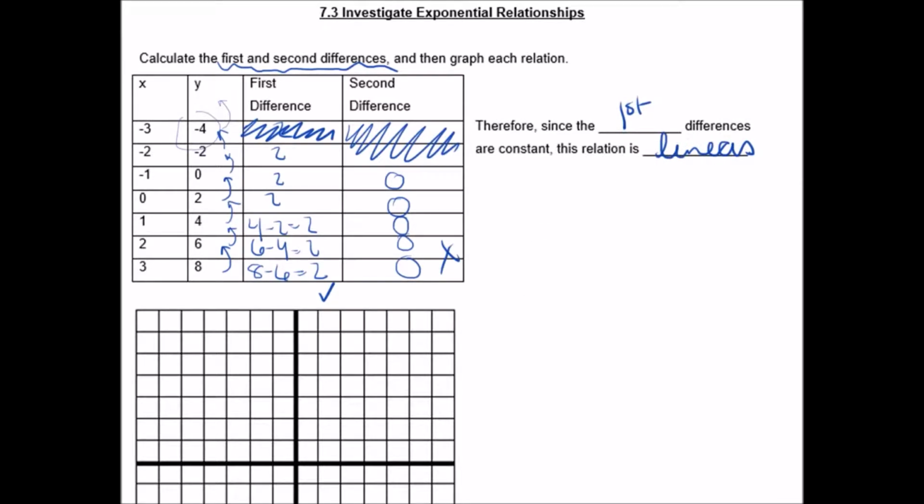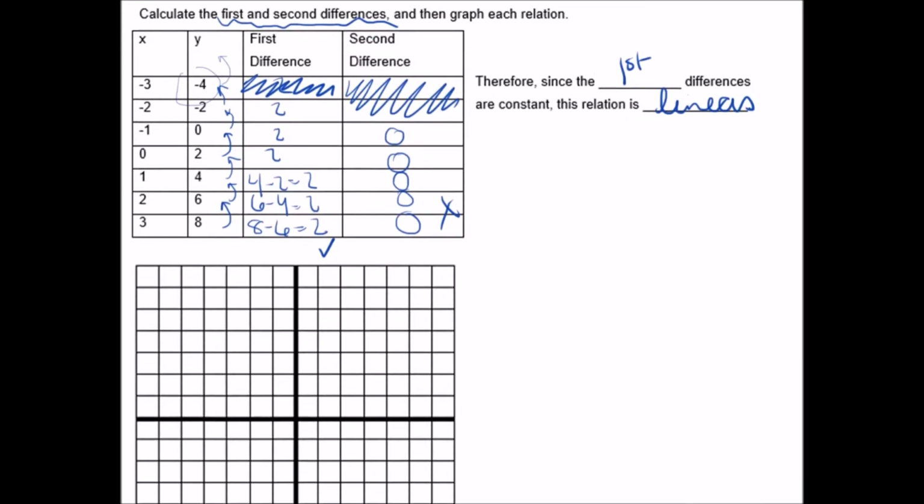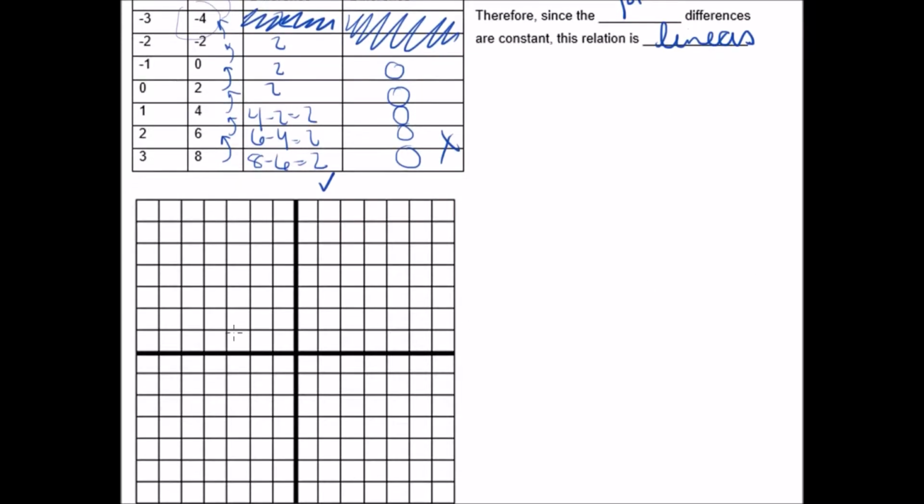I'm going to move this down as much as I can. Negative 3, negative 2, negative 1, 0, 1, 2, 3, 4. If we were to graph this, this is what it will look like.